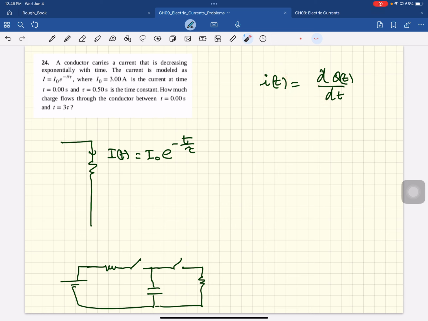Okay, so that's the equation. And if you want to find how much charge flows through, you just integrate this from initial to final. Okay, so I dt from 0 through 3 tau.